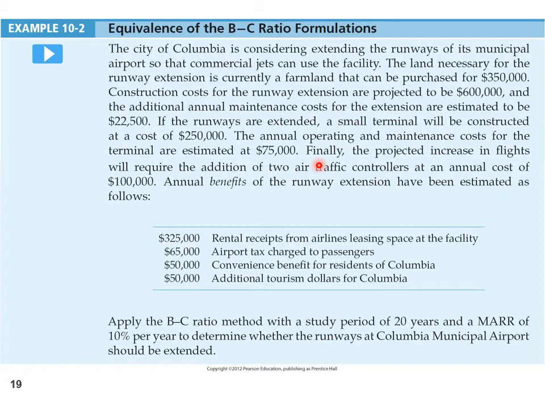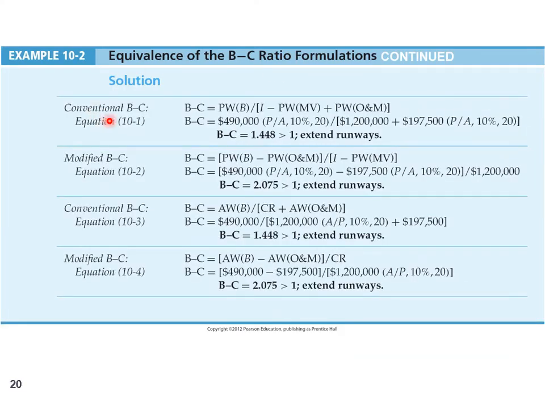Again, what we will do, we will find the ratio of benefits to the costs. So in conventional BC method, remember, present worth, let's use present worth. You can use annual worth also. So we will solve present and annual.